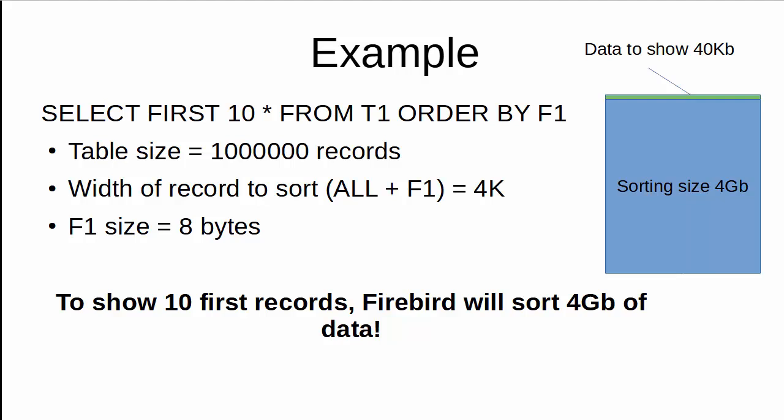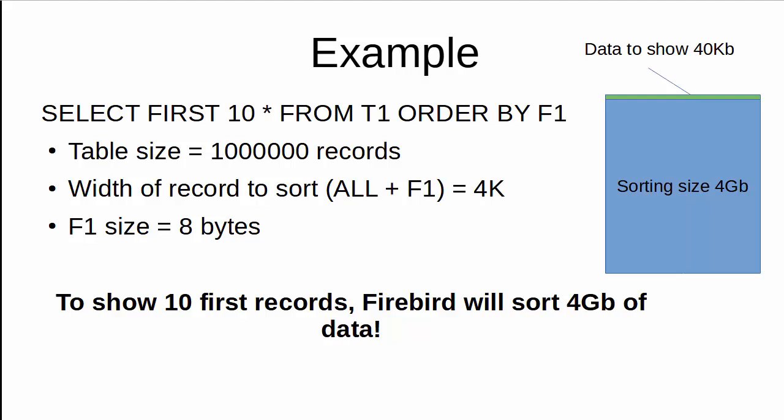When Firebird uses the plan sort, it is necessary to sort all 1 million records, so totally 4 gigabytes, but the size of data to return is only 40 kilobytes, because we ask Firebird to limit the record set only to the first 10 records. Anyway, of course, in order to return these 10 records, Firebird requires sorting 1 million records.